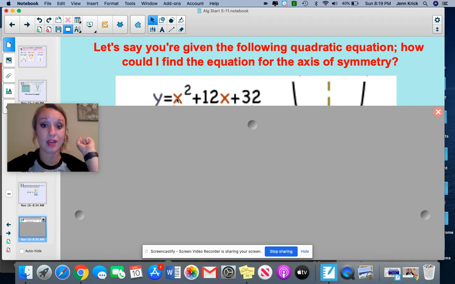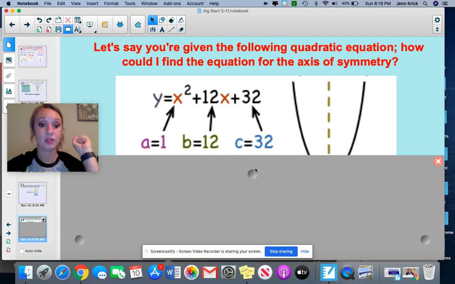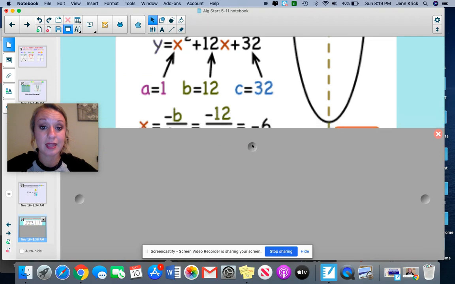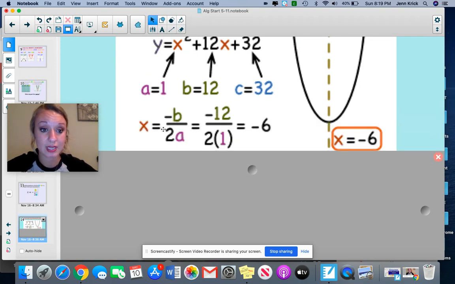So I've got y equals x squared plus 12x plus 32. The first thing you want to do is write out for yourself: a equals this, b equals this, c equals this. We know a is 1, we know b is 12, and we know c is 32. The equation for the axis of symmetry is x equals negative b over 2a. It's just like a formula, you guys. You just plug in the values. So we know b is 12, so you're going to plug that in here.